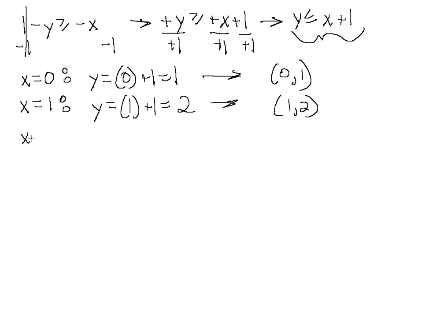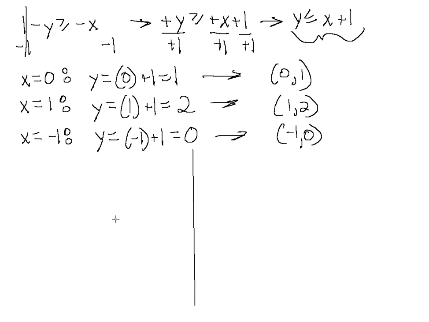Now let's go ahead and just find a third point. Let's not get fancy with it. Let's just get x equals minus 1, so y equals a minus 1 and a positive 1, which gives us 0. So we have our third point of (-1, 0). All right, 3 very simple looking points. Let's go ahead and get a rough sketch of the graph.